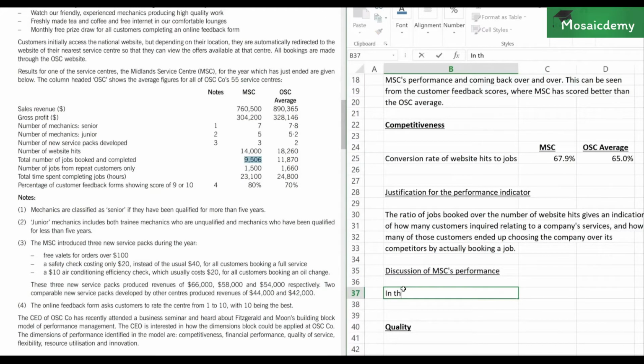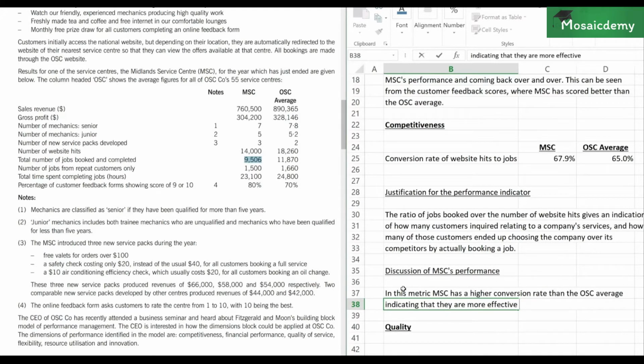In this metric, MSc has a higher conversion rate than the OSC average, indicating that they are more effective in attracting customers over their competitors, right?